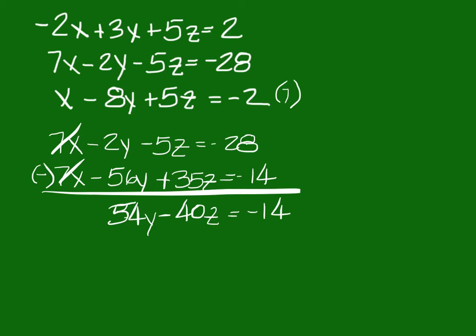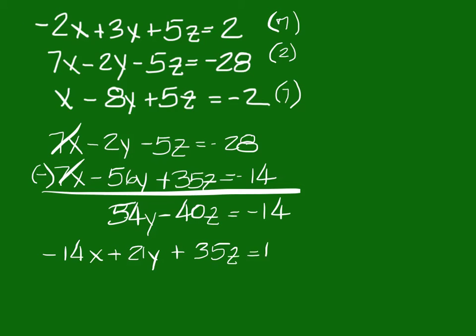Next up we're going to multiply by 7 here and then 2 here. So you should end up with negative 14x plus 21y plus 35z equals 14. Then on the middle one you'll have 14x minus 4y minus 10z equals a negative 56.